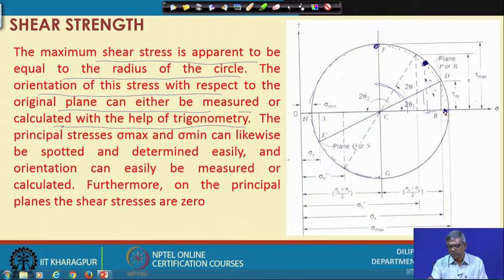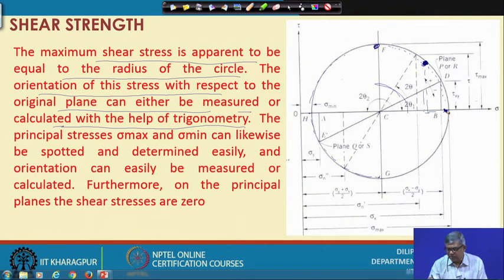So, the maximum normal stress is here and the maximum shear stress is here, and when maximum shear stress is occurring, you can see normal stress is 0. The plane on which maximum shear stress occurs, there your normal stress is 0.